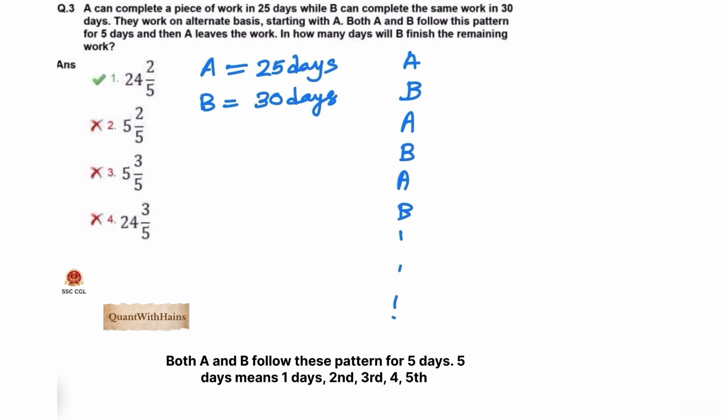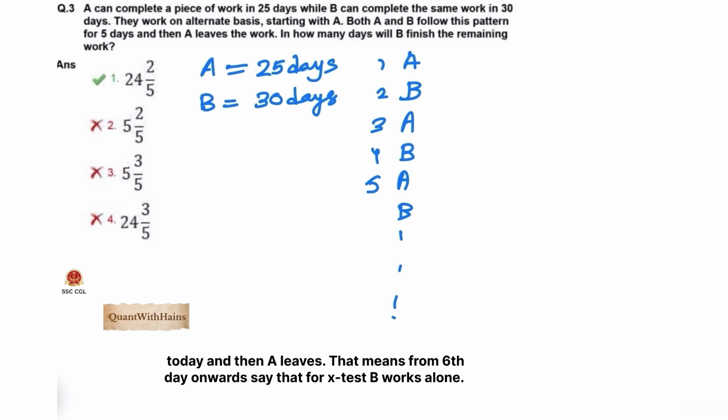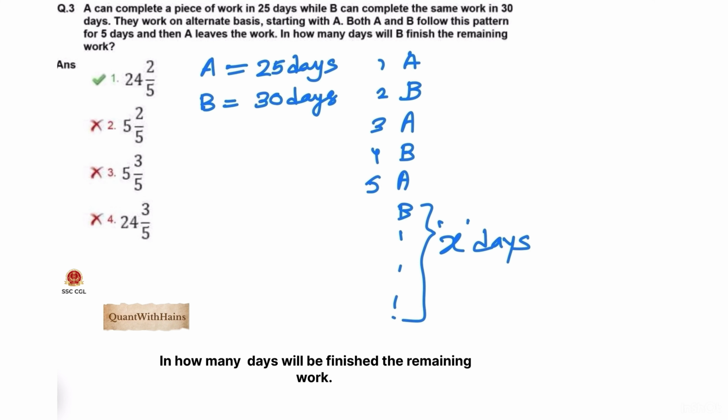Both A and B follow this pattern for 5 days. 5 days means 1st day, 2nd, 3rd, 4th, 5th day, and then A leaves. That means from the 6th day onwards, say for X days B works alone. In how many days will B finish the remaining work? They are asking the value of X.